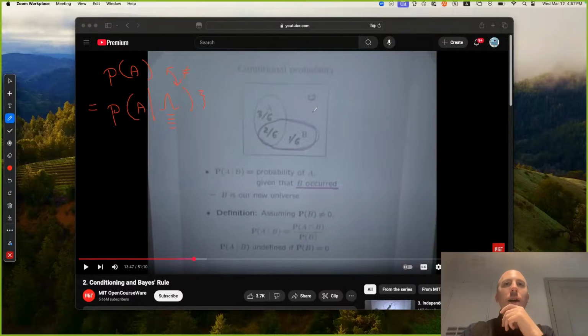This is a more compact representation. You don't need two copies of the sample space, but there's something nice about keeping these separate a little bit.